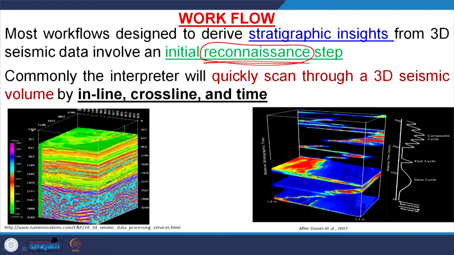Commonly, the interpreter will quickly scan through a 3D seismic volume by inline, cross line and time. We know the time is always vertical, and similarly it is inline or cross line. That means in a seismic cube given to an interpreter, first he has to rotate it at an angle, and how it looks at the first instant, that is the reconnaissance survey.